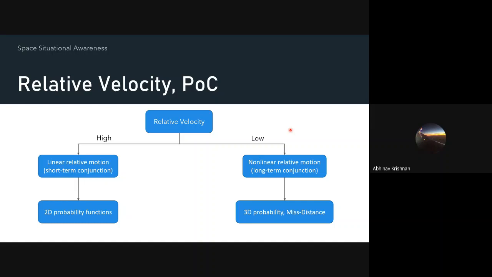In that case, you go for a 3D probability distribution. So when you consider the along-track direction, the direction that you're flying, or the miss distance. Miss distance is the no-brainer, and most of the companies currently in Europe and in the US use this miss distance as a criterion for selecting a threat in space.